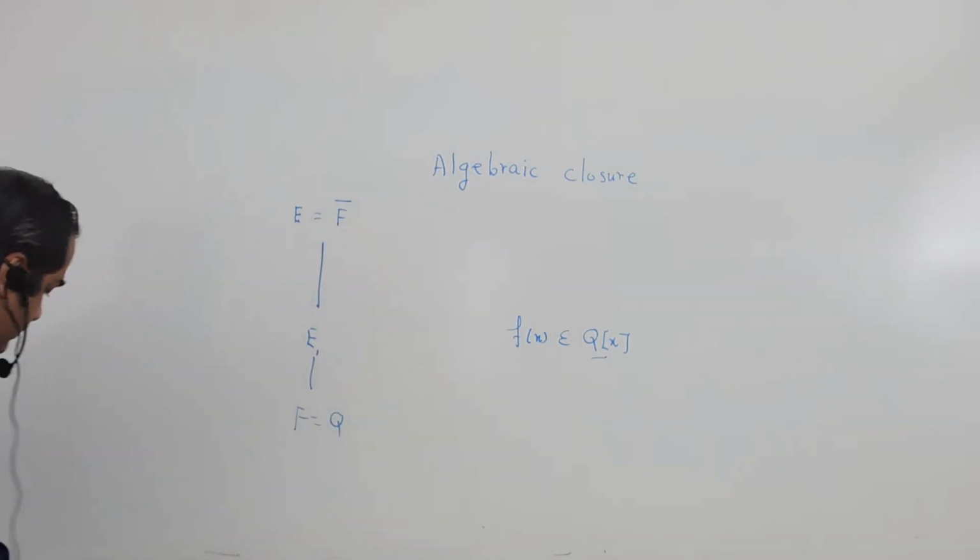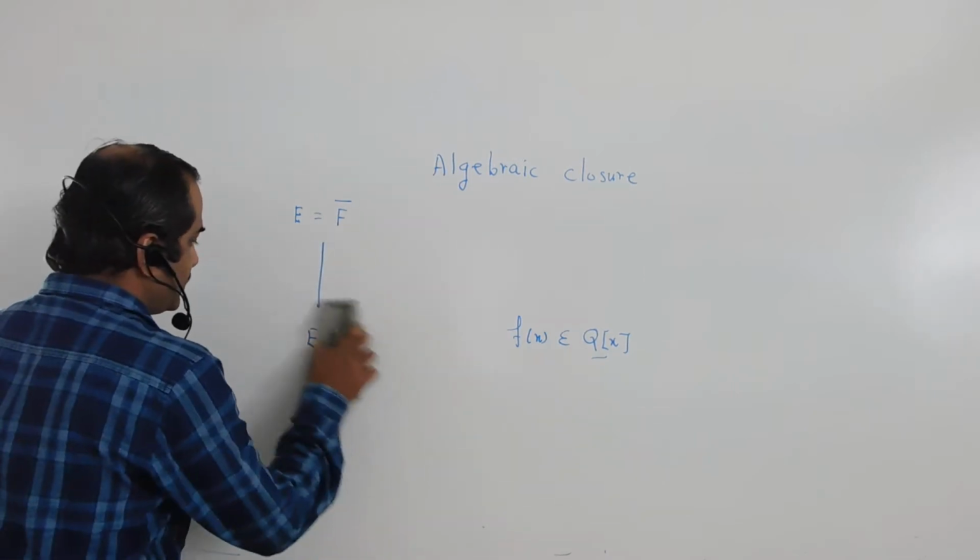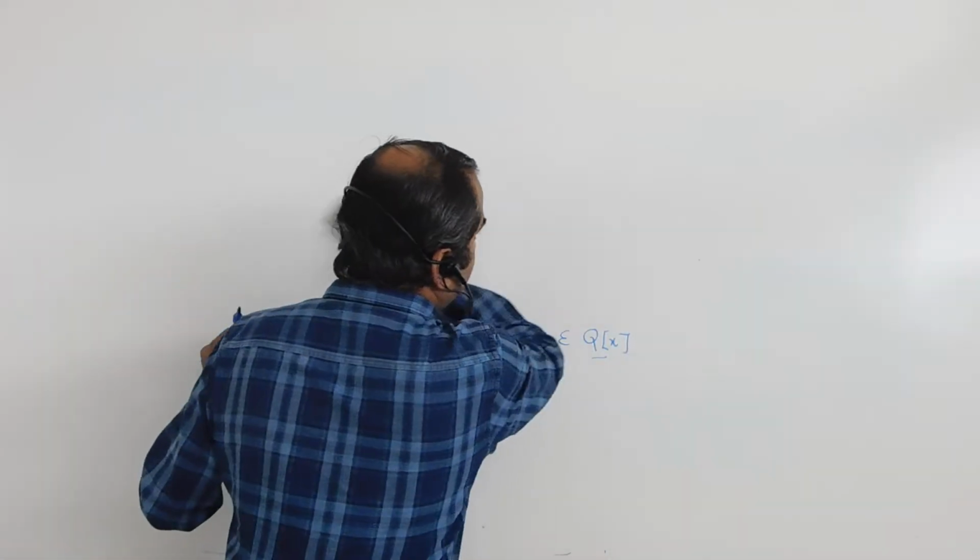So that is the definition of algebraic closure. What is the algebraic closure of Q? What is the algebraic closure of the field R? We'll see.